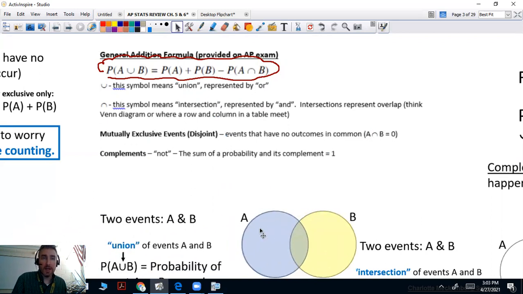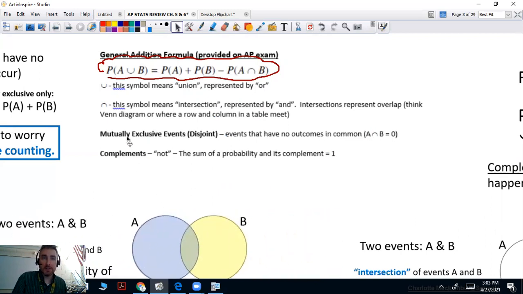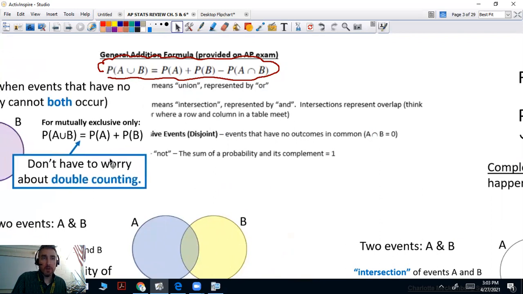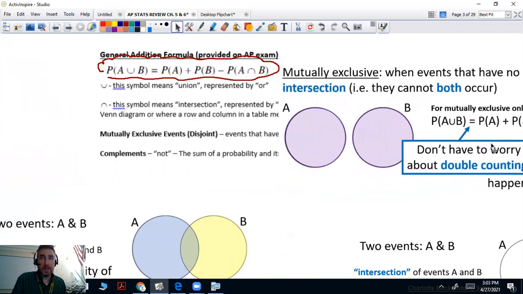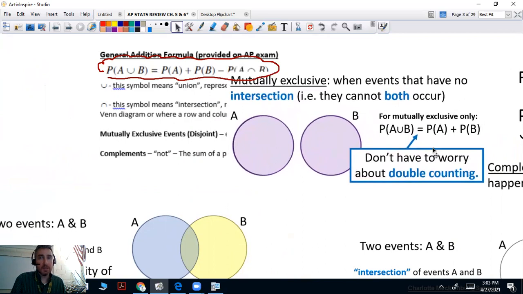There are a couple of things called complements and mutually exclusive. Real briefly, if things are mutually exclusive, they cannot occur at the same time. So there's no intersection, so we don't have to worry about double counting. The probability of one or the other is you just add them together.